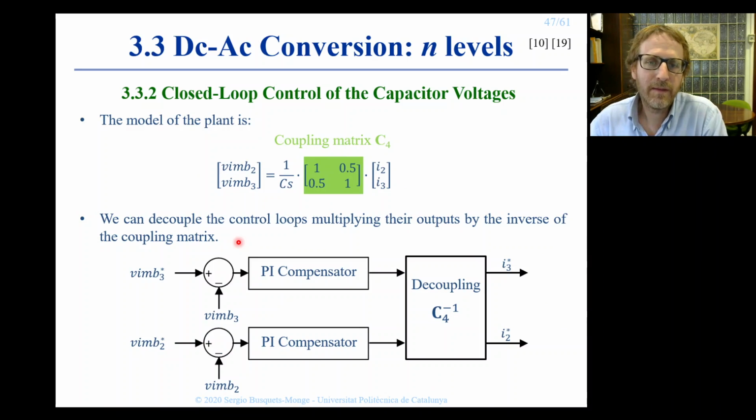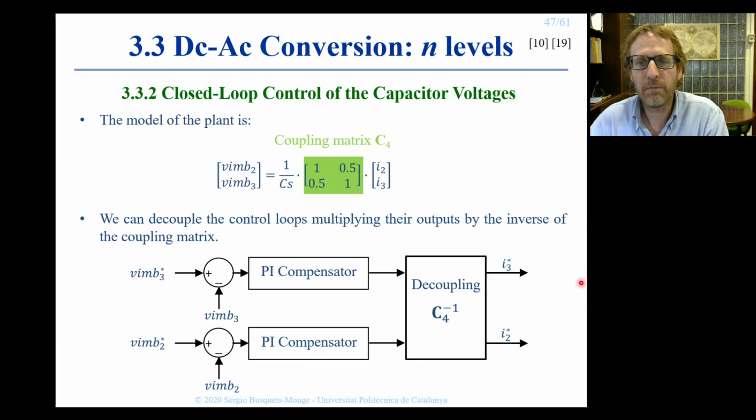To avoid this coupling affecting the closed loop control performance, we need to introduce a decoupling matrix here at the output of the two control loops. Basically, we will multiply the output of the two control loops by this decoupling matrix, and then this will define the reference value of the two neutral point currents.